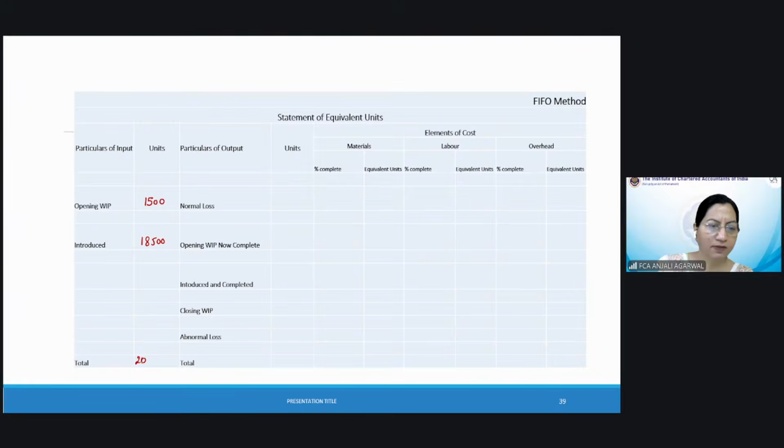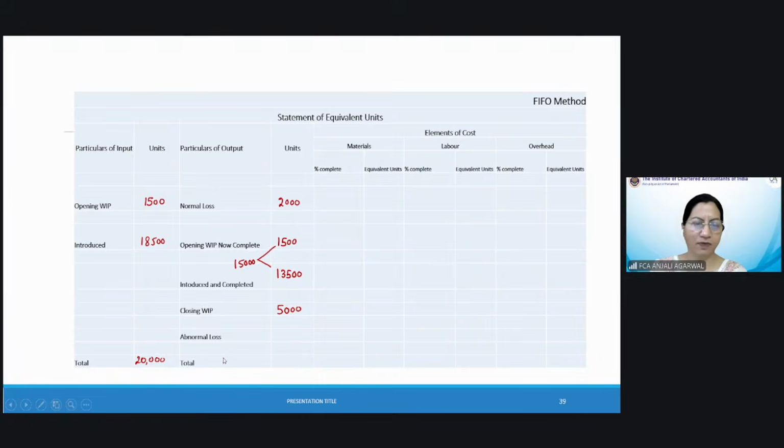Total is 20,000. Normal loss 10% of total input. So once again, 2,000. As we are doing FIFO, opening WIP now complete will be 1,500. And as a total of 15,000 units have moved to the next process, 1,500 opening WIP complete and 13,500 introduced and completed. Closing work in progress is still 5,000.